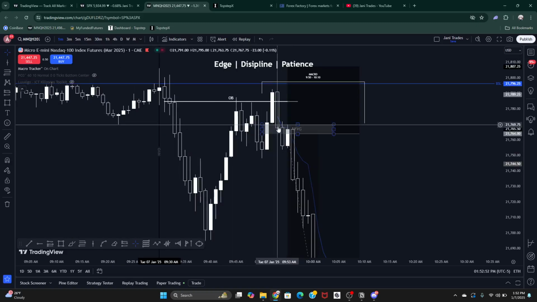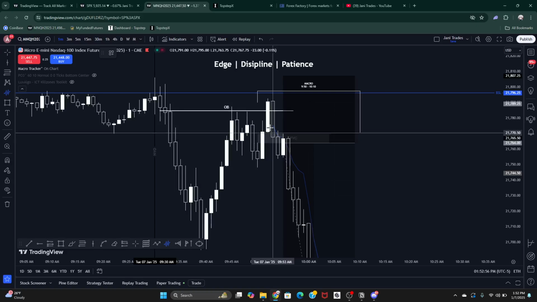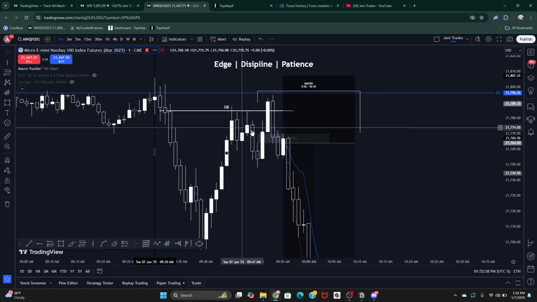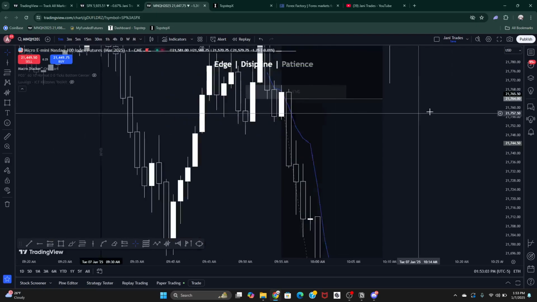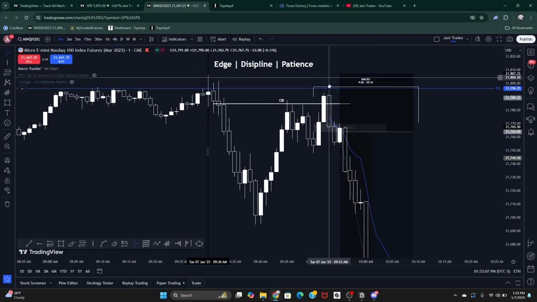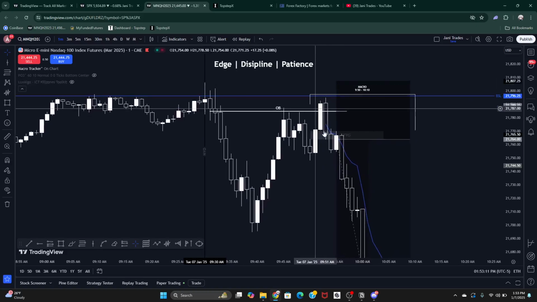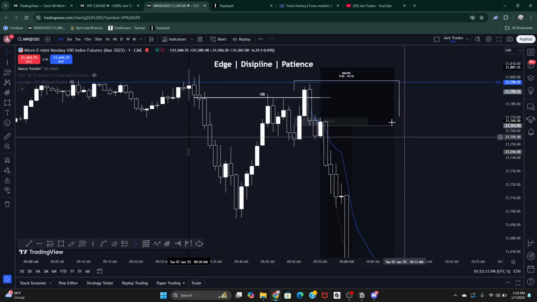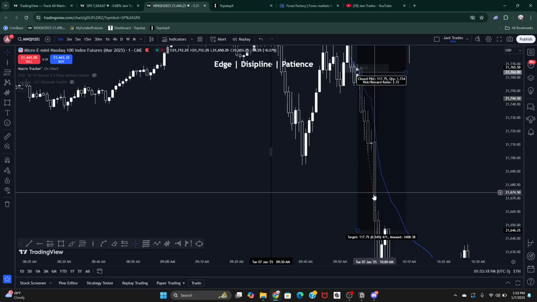and we set a VWAP at this high right here. And if you know how VWAP works, if you know how volume profile works, then you would understand. We set our stop loss at the recent high, like at the highest high, and we just went short, and we had news.